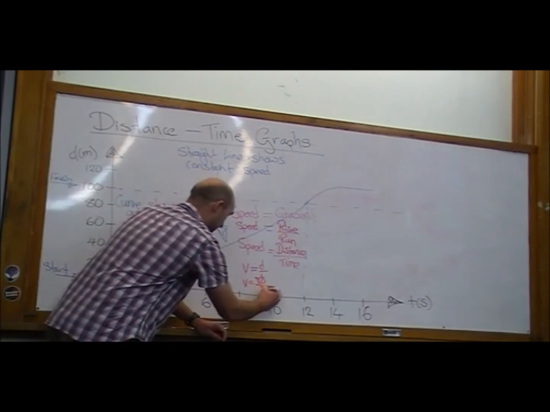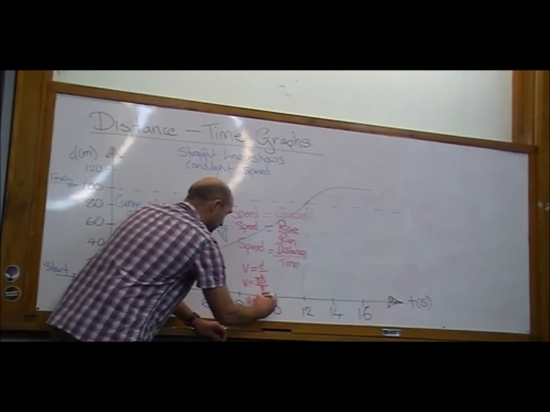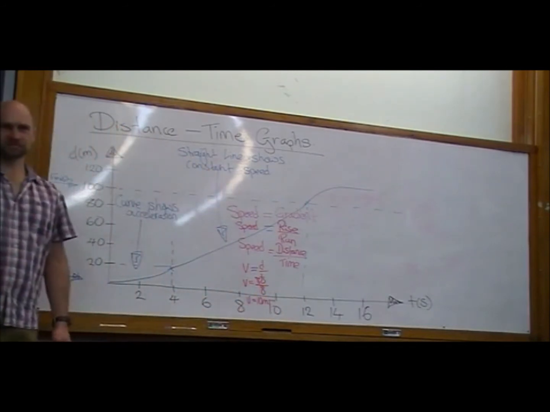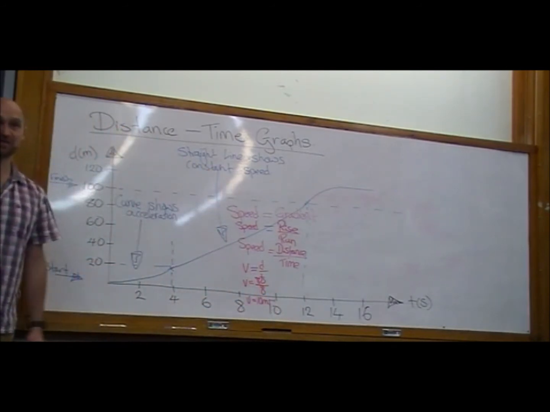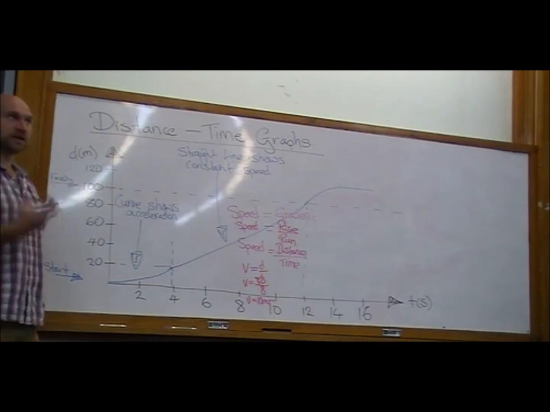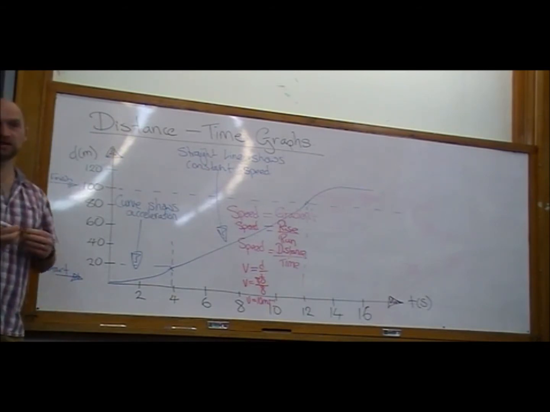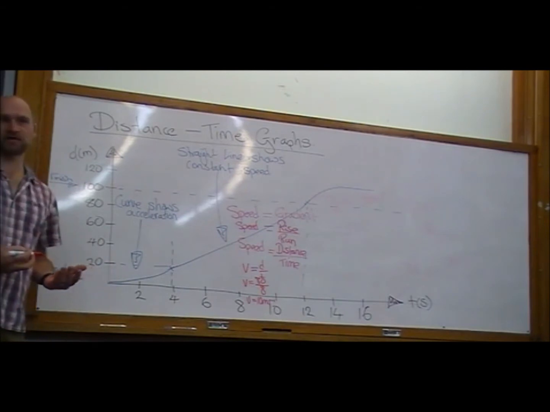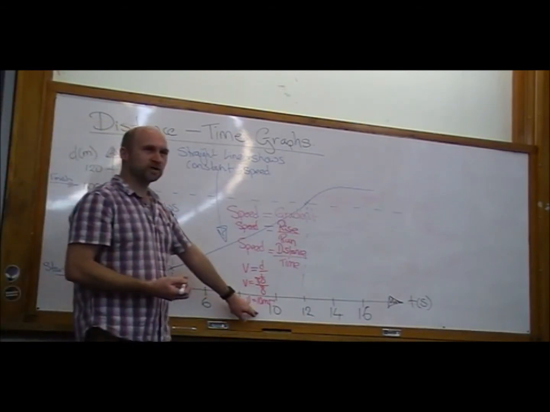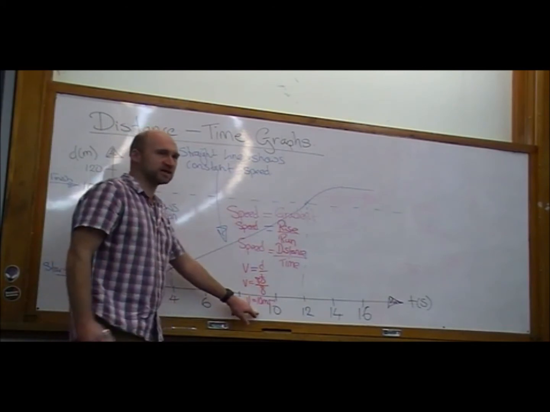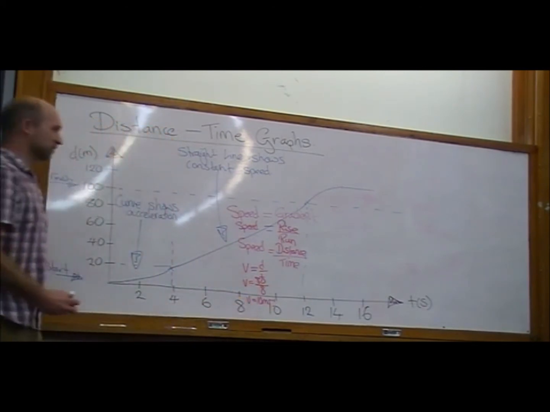Sounds like 8. Speed is 10 metres per second. 10 metres per second doesn't sound fast, except when we're gauging our metres per second, we remember that 27 is 100 k's per hour. And so it's a little bit over a third of the way to 100 k's per hour. So that's probably a pretty legit running speed.